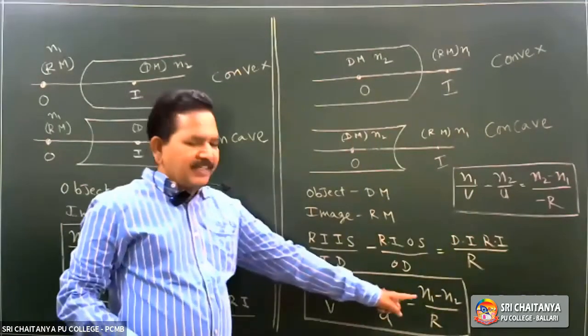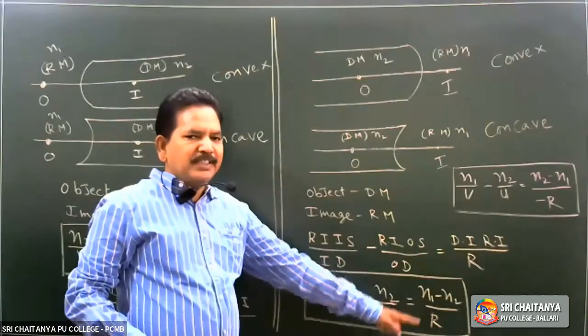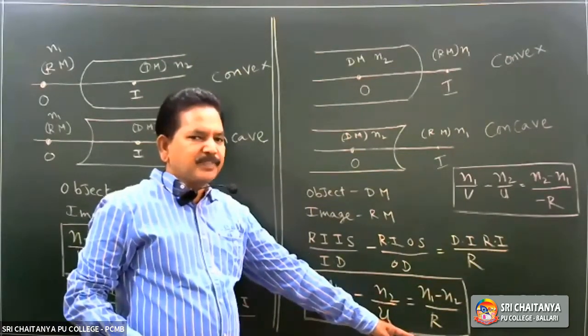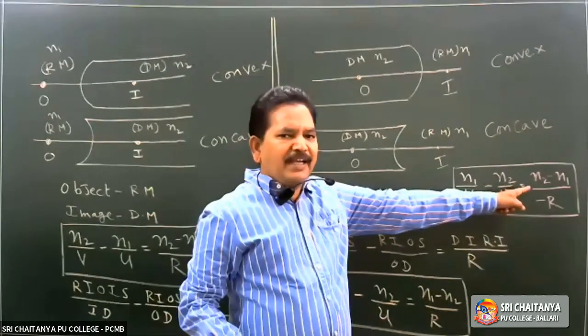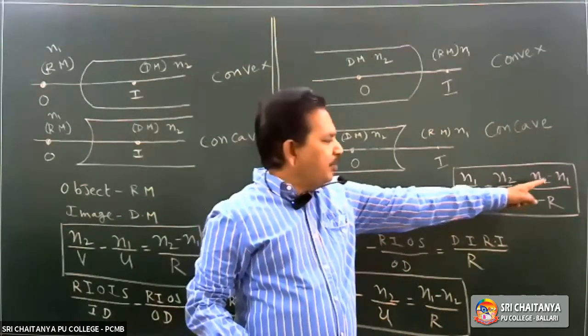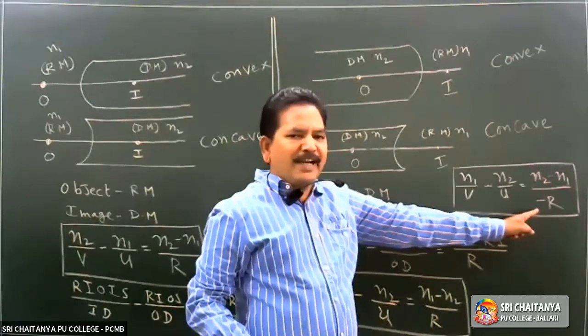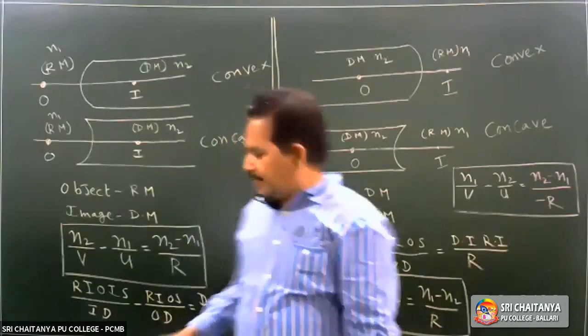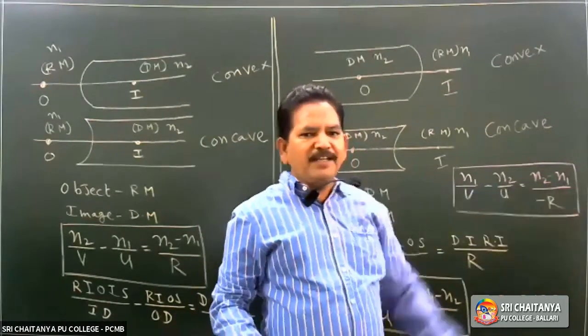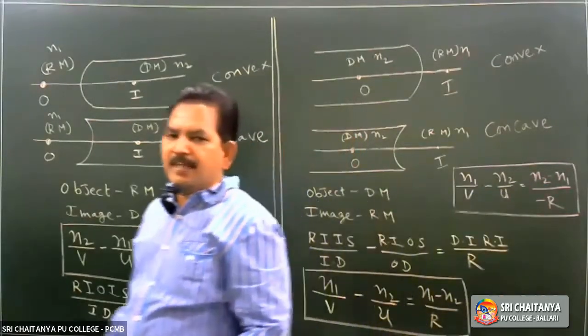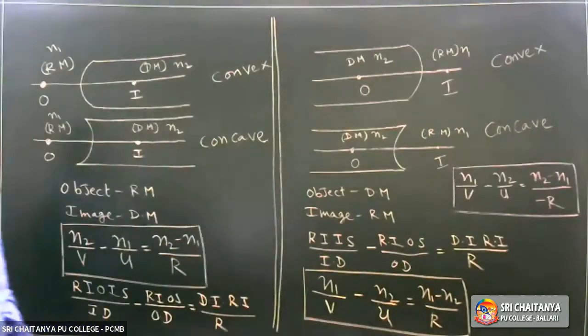If I take N1 minus N2, denominator plus. If I reverse N1 position and N2 position, now N2 minus N1, we will get minus R, because here also N2 minus N1, here also N2 minus N1. Easy to remember.